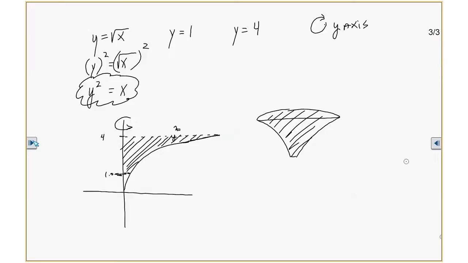All right, set it up. Integration from 1 to 4 of your function squared dy.